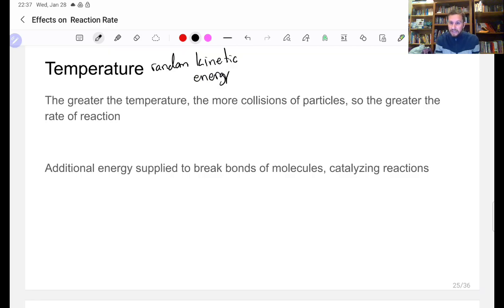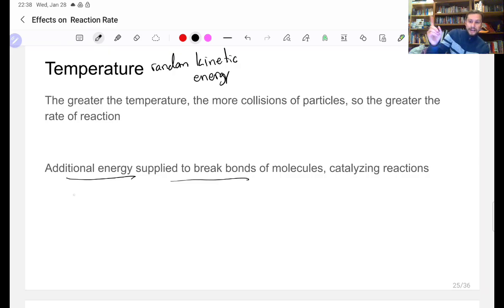So the higher the temperature of the particles, the more random kinetic energy they have, the more they collide because they're moving more on average. And they collide with more energy. So there's additional energy supplied to break bonds of molecules, catalyzing reactions.